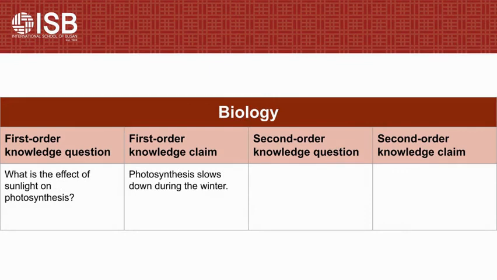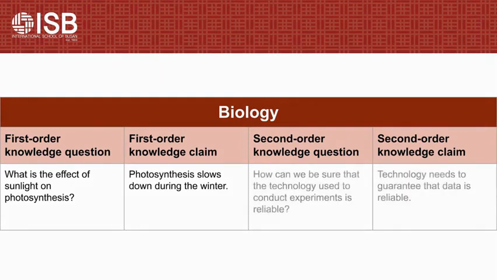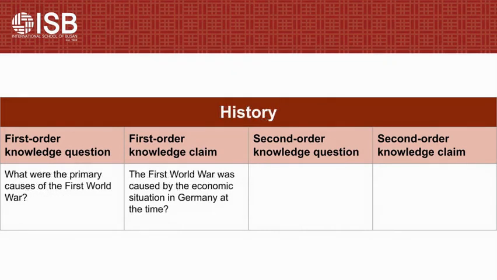Here is an example of a first-order question in biology. And here is what a second-order question may look like, focusing on the process of knowing. Here is an example of a first-order question in history.